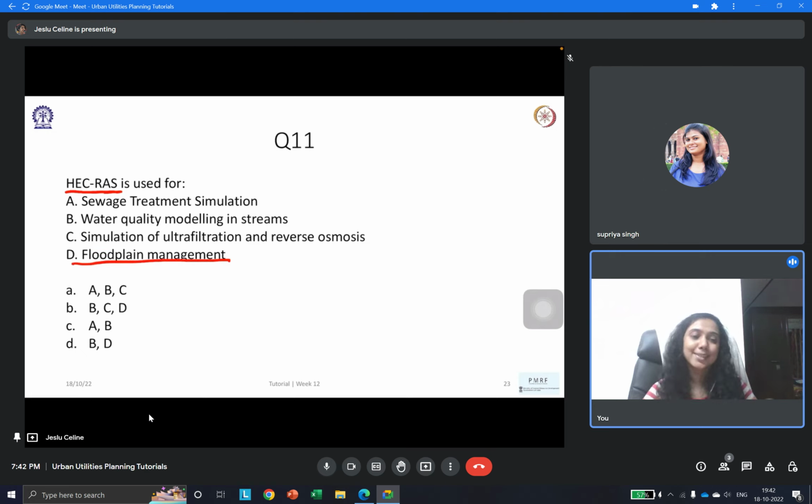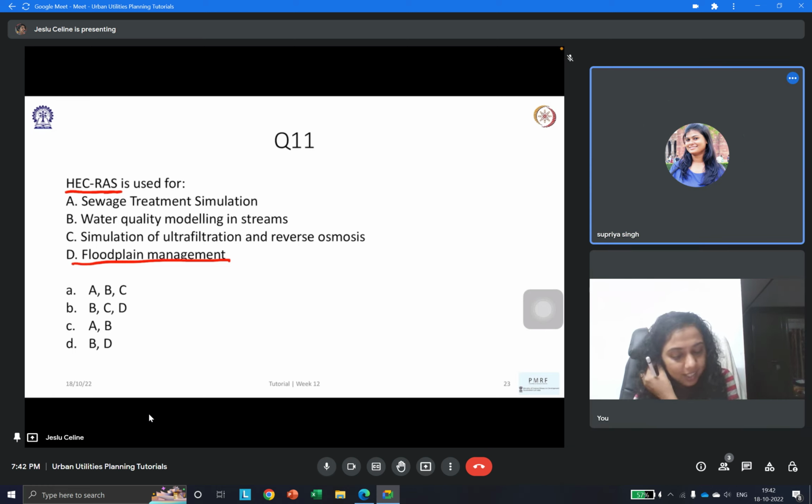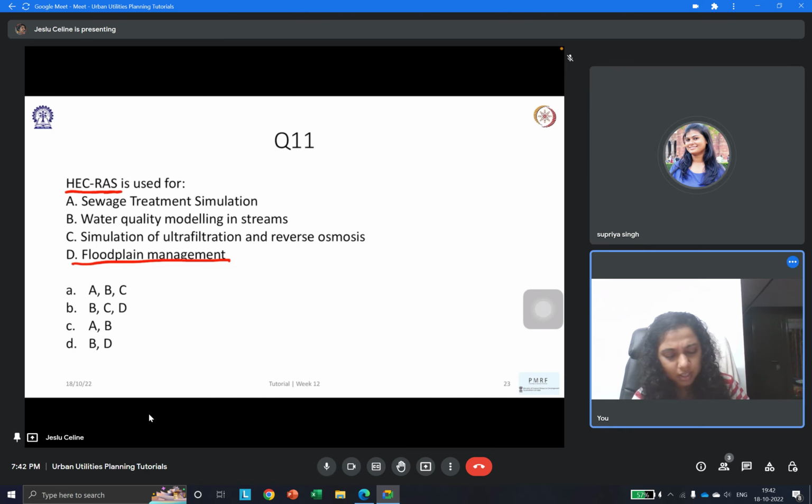We only learned two things in this module: groundwater recharge and floodplain management, and all the softwares we mainly discussed were for flood management. Simulation of ultrafiltration or reverse osmosis we have not gone into, because reverse osmosis mainly comes in water purification techniques, that is, if you have salinity in water, how do we purify it? We discussed this in a previous discussion, but we have not gone into details of those. So HEC-RAS is not used for that.